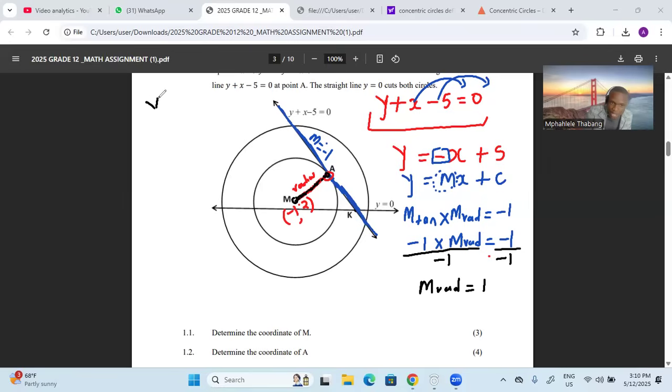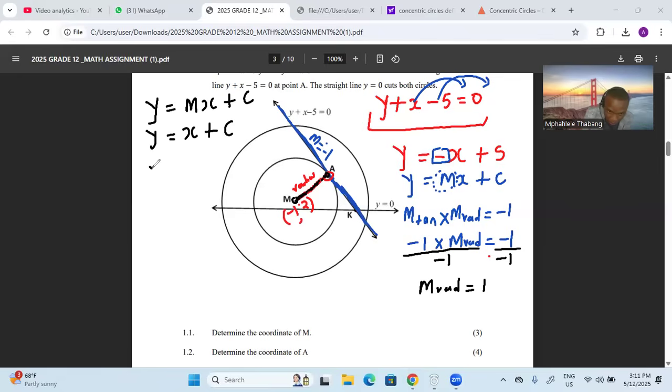I'm going to say y equals mx plus c. I know the gradient of this line of radius, it's 1, so it's going to be 1x, which is just x. Y equals x plus c. So I have to calculate the value of c in order to complete the equation of a line from M to A.